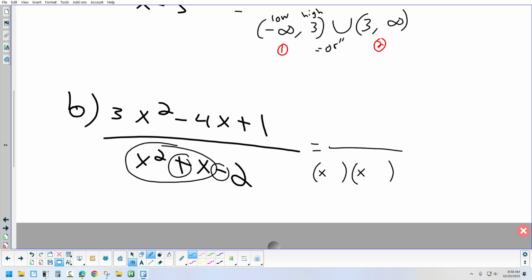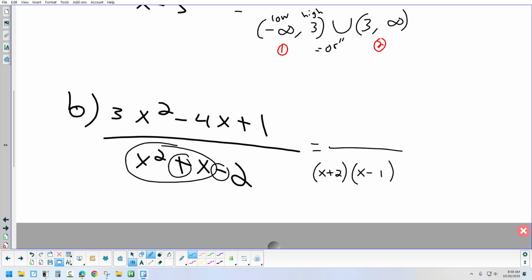Yep, I need a plus and a minus. And now I need two numbers that multiply to give me 2, but it does matter which one I put where. So what would be two numbers that multiply to give me 2? 1 and 2. And I'm going to do them in that order.